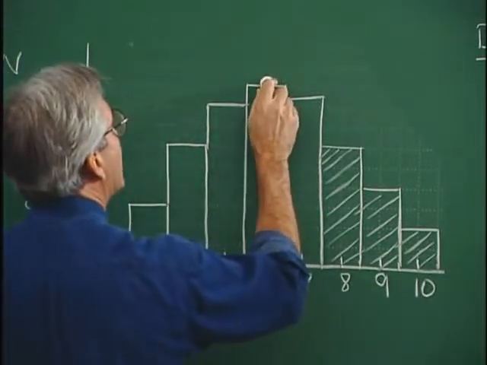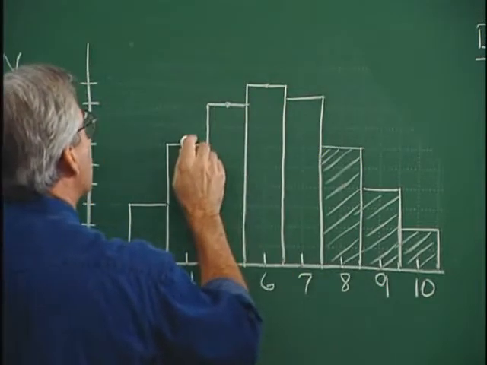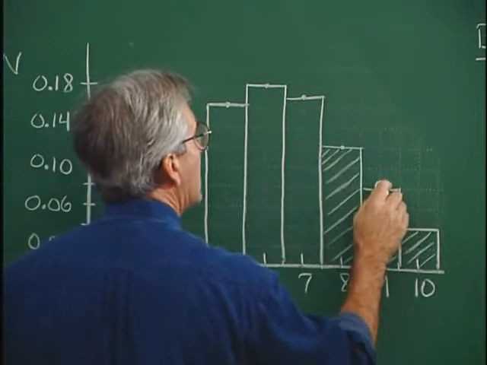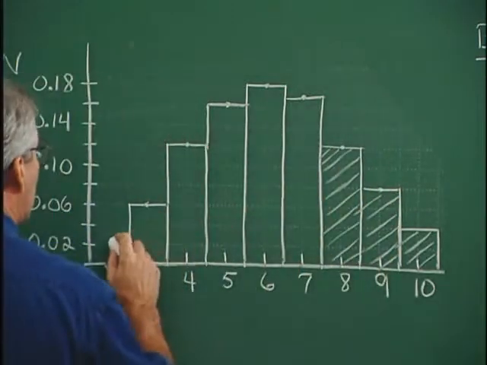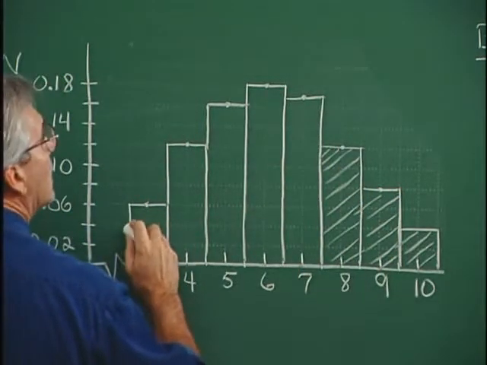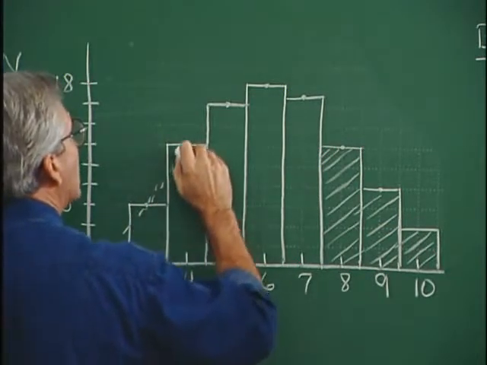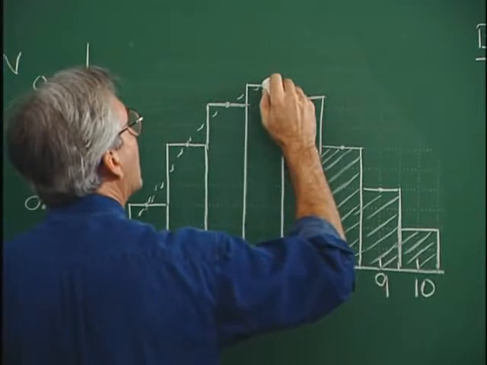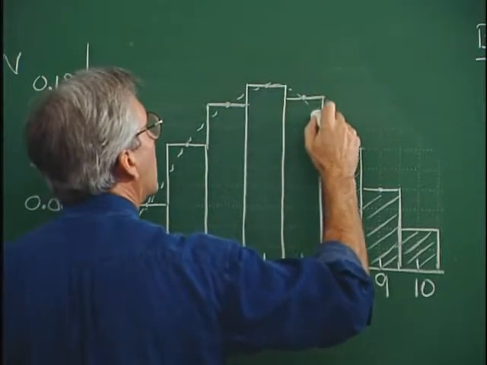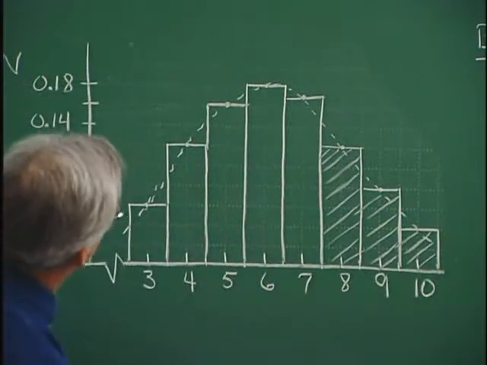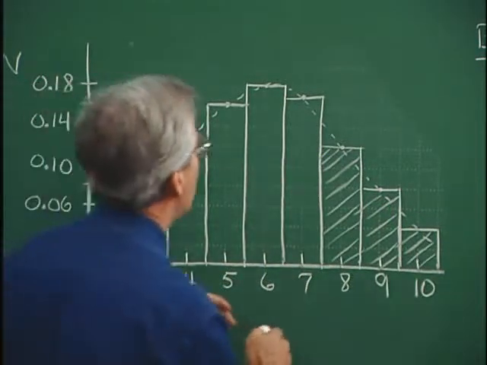Now I'm just going to try to hit the midpoints of the tops of these just to kind of emulate the situation. I'm trying to make this look like a normal, something like that. Well, roughly like that.